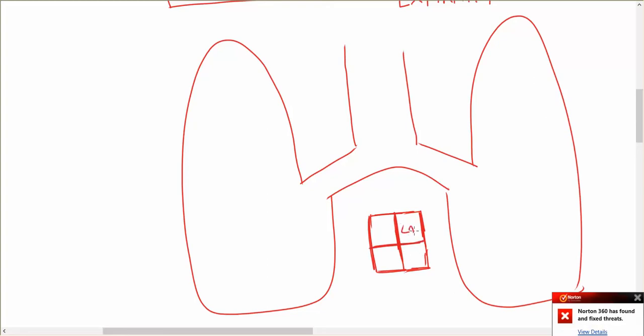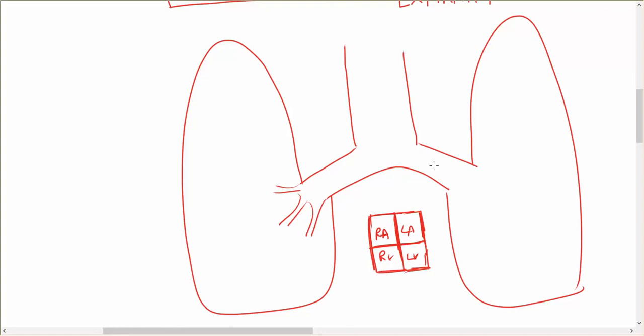This is the left atrium, this is the left ventricle, this is the right ventricle, and the right atrium. Now from the venous side, let's draw the pulmonary trunk and the bronchopulmonary tree. We have two lobes, and they give branches like this, and they form alveoli.